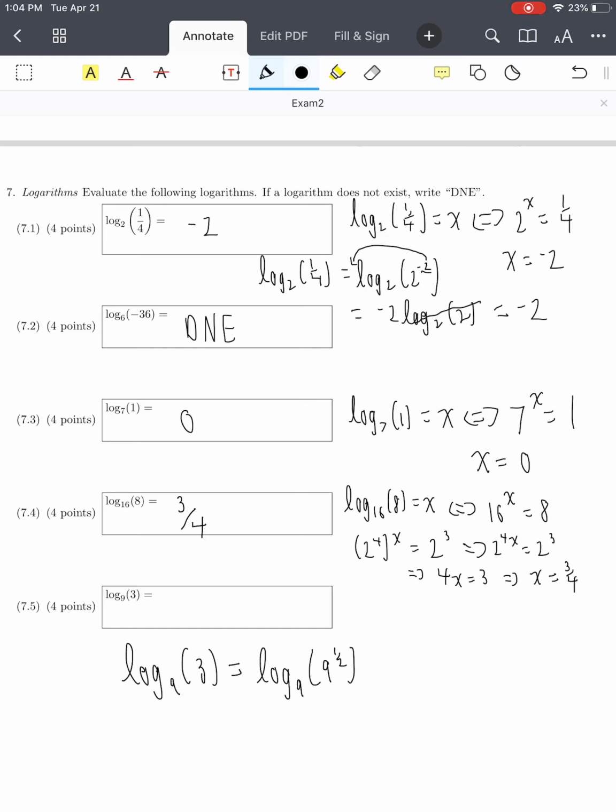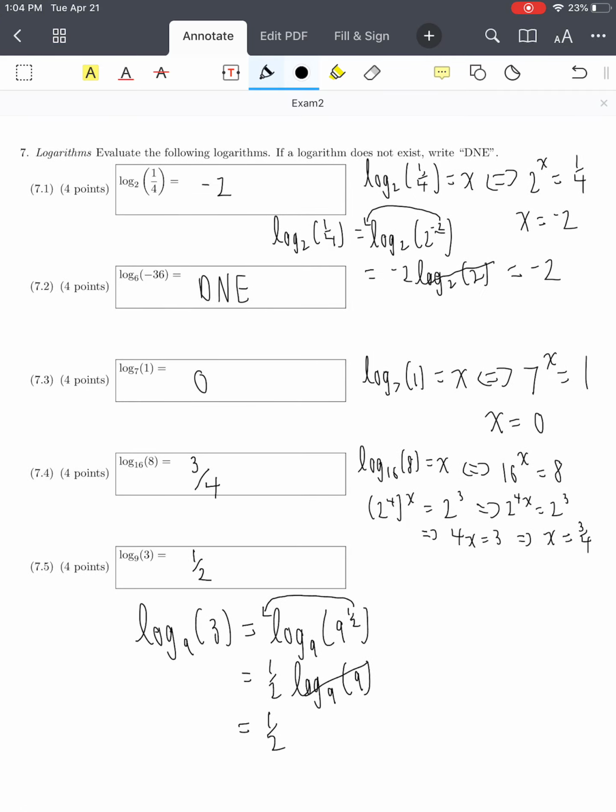The square root of 9 is 3, so we didn't change anything. Now we use the exponent rule to bring the 1/2 out front. 1/2 log base 9 of 9, which cancels off, leaving just 1/2. So there we go for all parts of problem 7.